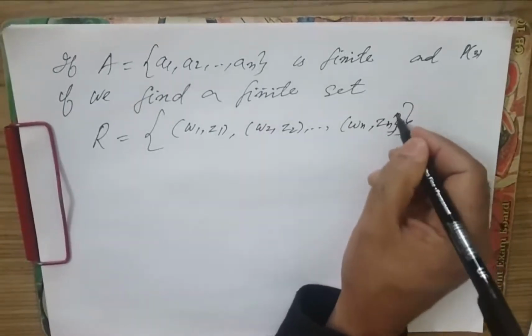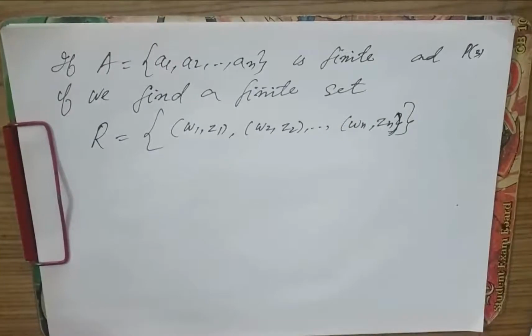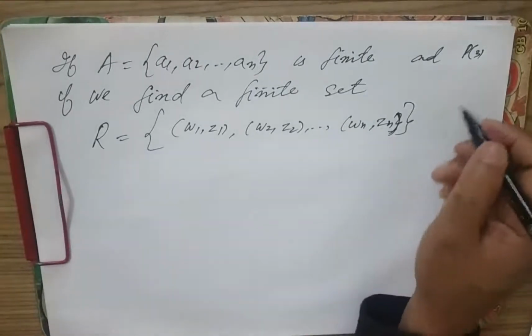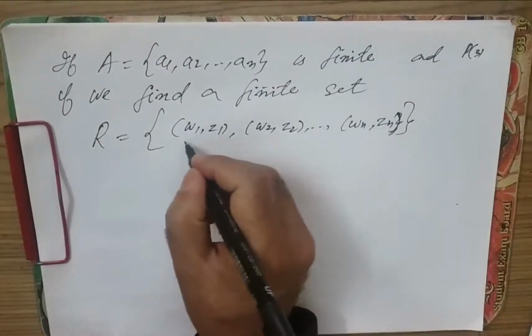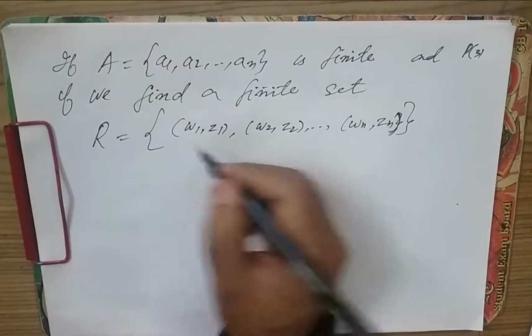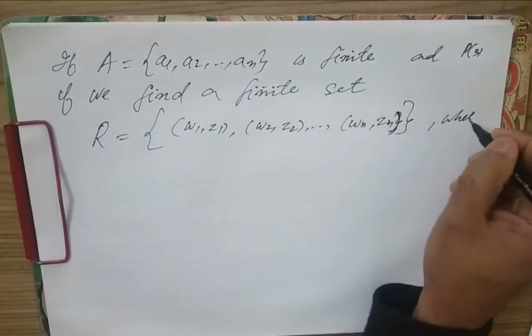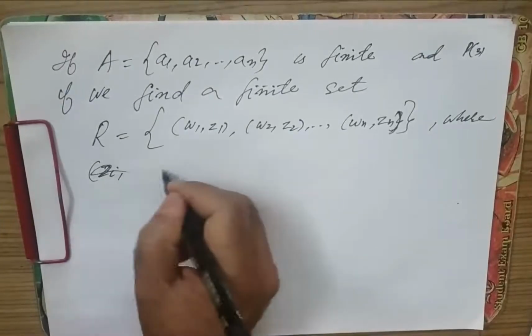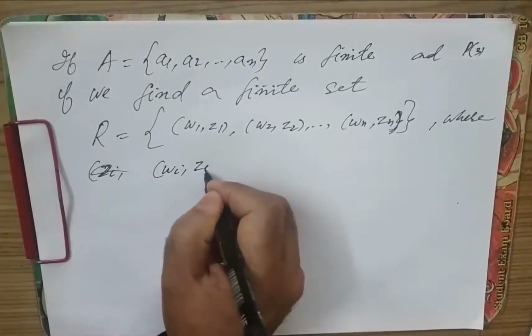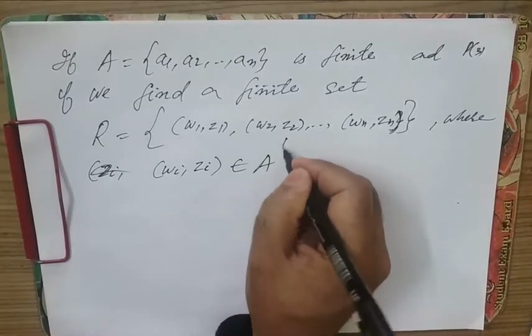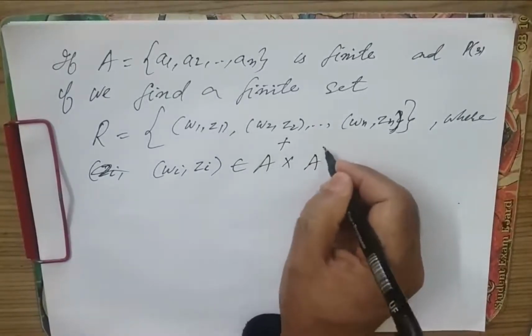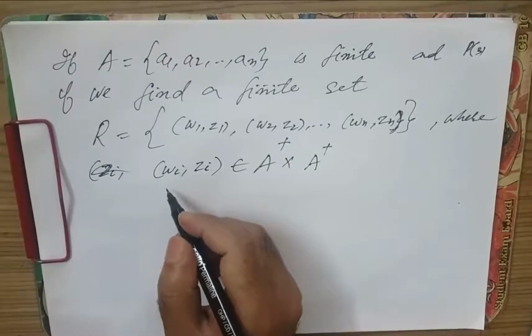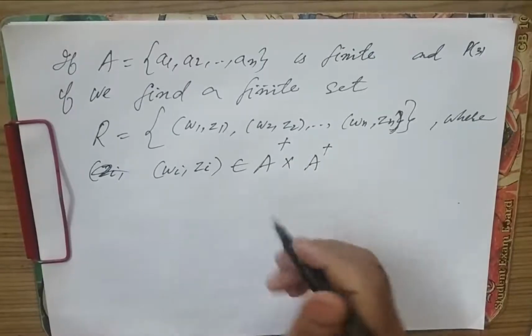It's a finite set again, but these ordered pairs belong to A plus cross A plus, where (Wi, Zi) belongs to A plus cross A plus. So they are words actually, Wi is a word, Zi is a word.